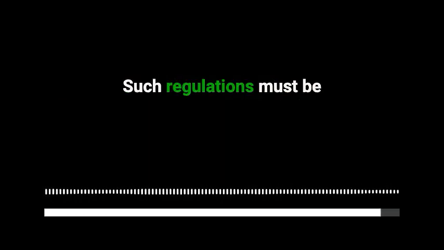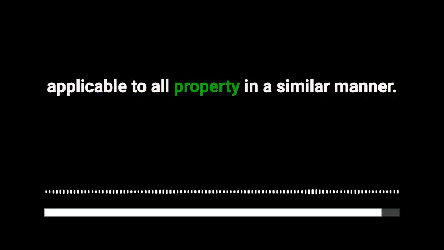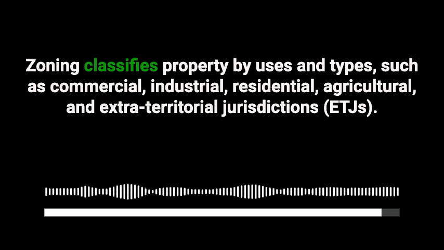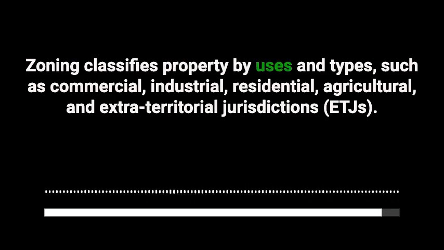Such regulations must be exercised in a reasonable manner, clear and specific, non-discriminatory, and applicable to all property in a similar manner. Zoning classifies property by uses and types, such as commercial, industrial, residential, agricultural, and extraterritorial jurisdictions.